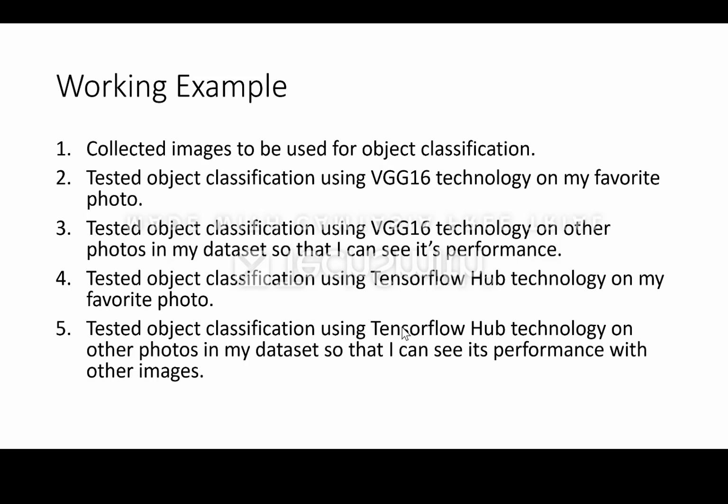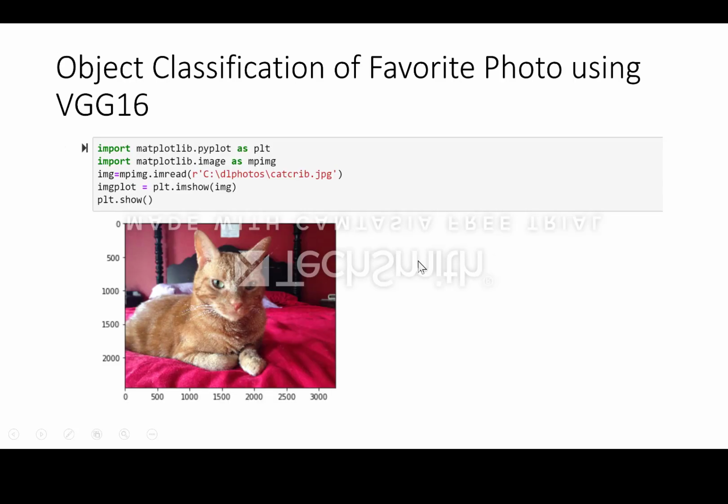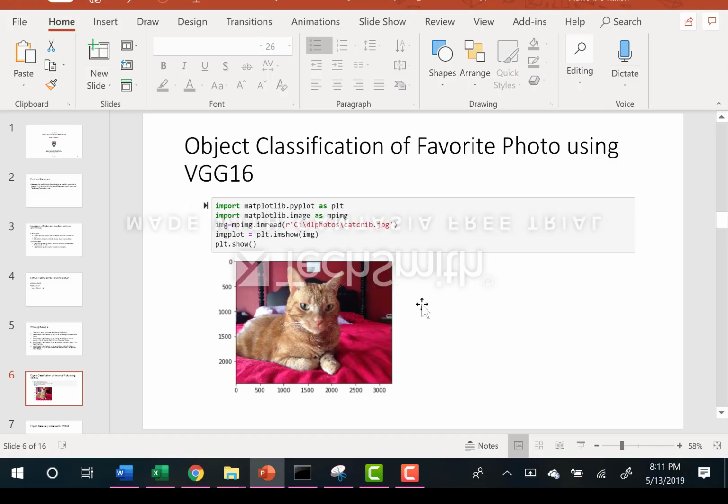Tested object classification using VGG16 technology on my favorite photo. 3. Tested object classification using VGG16 technology on other photos in my dataset so that I can see its performance. 4. Tested object classification using TensorFlow Hub technology on my favorite photo. 5. Tested object classification using TensorFlow Hub technology on other photos in my dataset so that I can see its performance with other images.